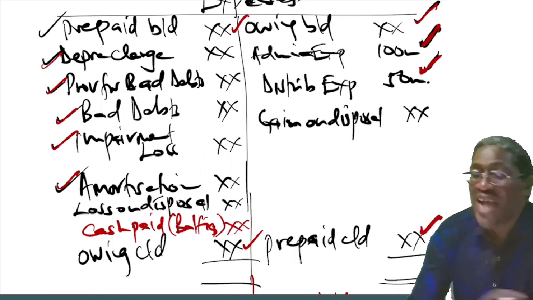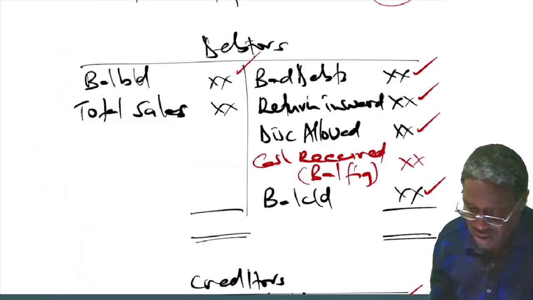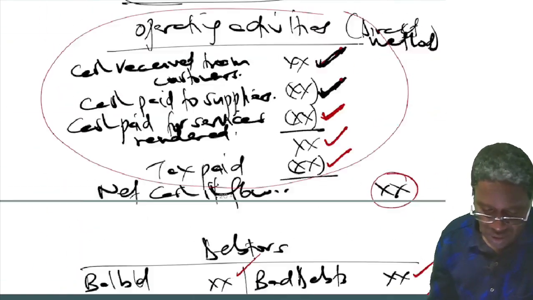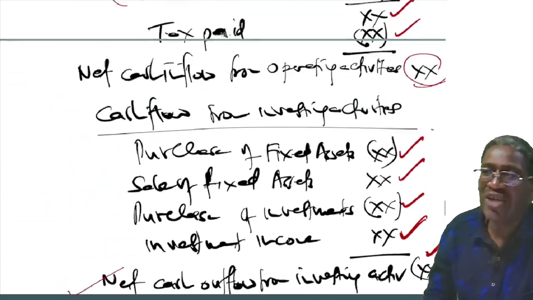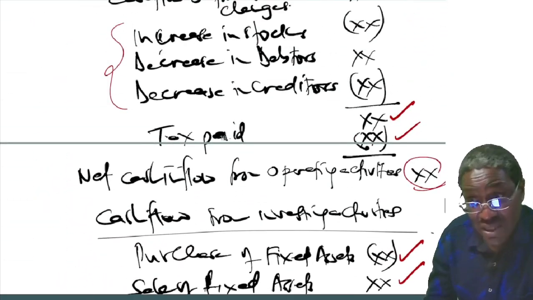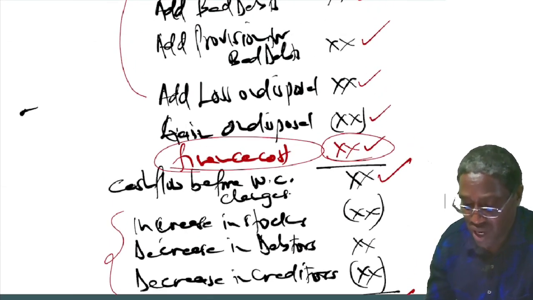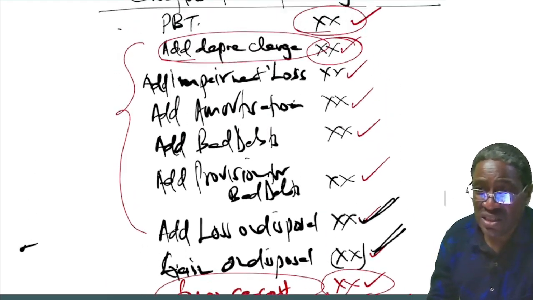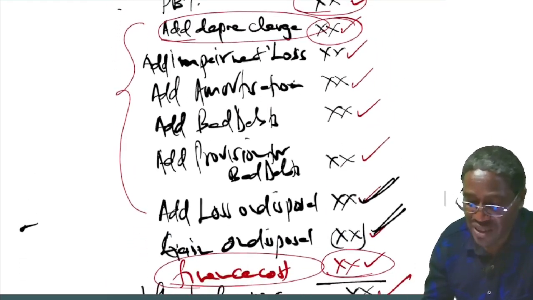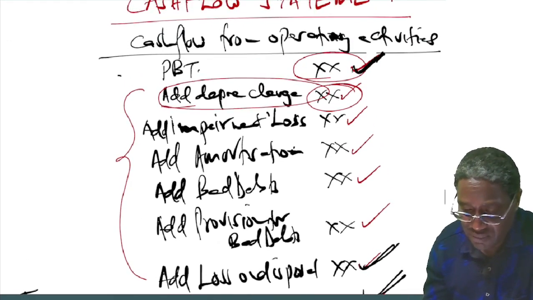So for the indirect method, the first one I started with, when we were discussing the format, I had to use the gain or loss on disposal here. Why? Because it was affecting the profit before tax that we were adjusting up here. Hope you are getting my point there.